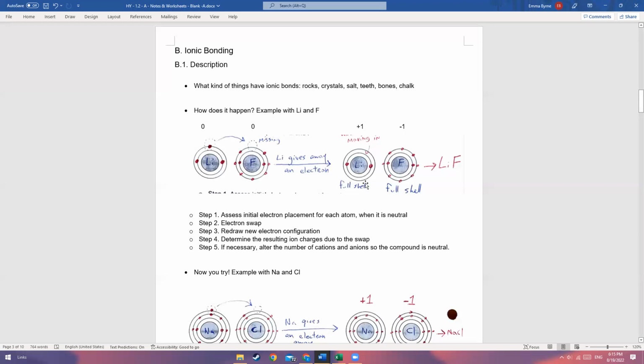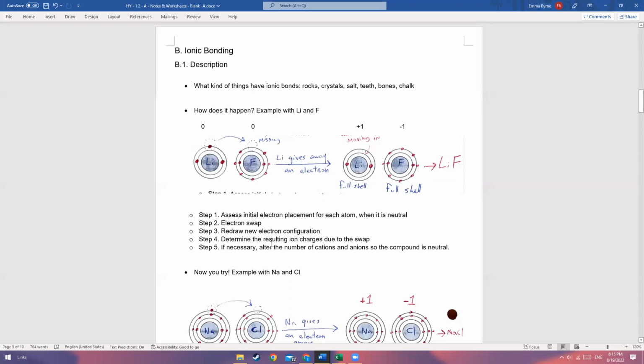So in this scenario, lithium is the cation, fluorine is the anion. Now, we always want our compound to be neutral. So we need to determine the number of each of these that would essentially cancel each other out. And for that, it's one of each. We've got a +1 and a -1, and one of each will cancel out to 0. We have a neutral compound right here.